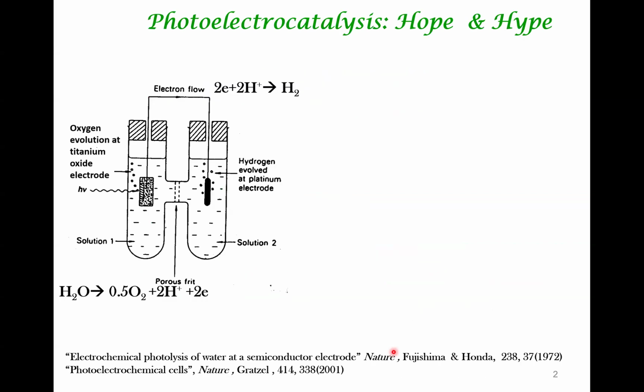An important paper in this field is this paper by Fujishima and Honda in 1972. That's a long time ago, more than 50 years ago. It was presented during the time when there was a lot of crisis in obtaining energy solutions due to a variety of political forces.